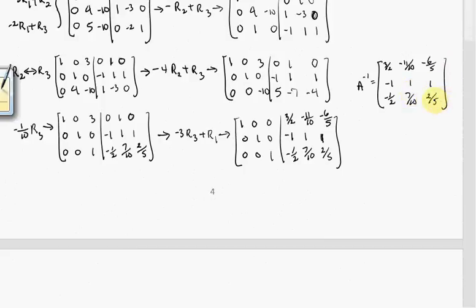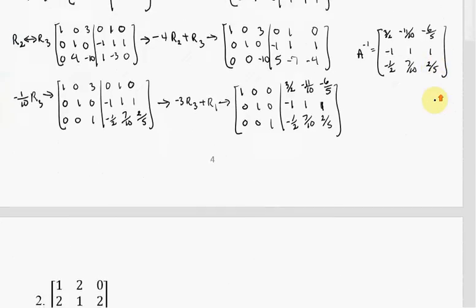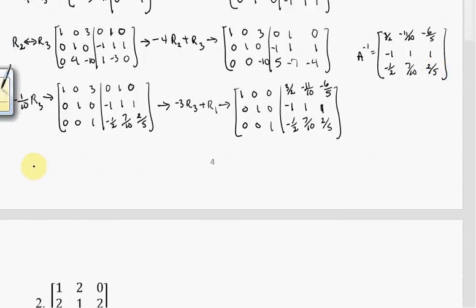Well, we don't know. We have to multiply the matrix A times A inverse to see if that actually works out. So let's see, I got A inverse sitting there times A.